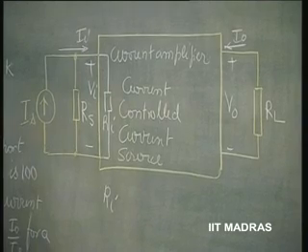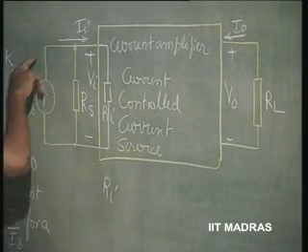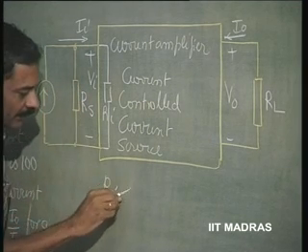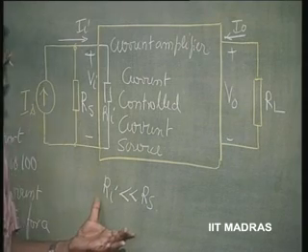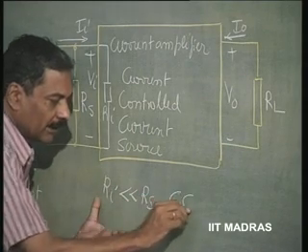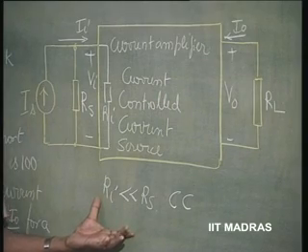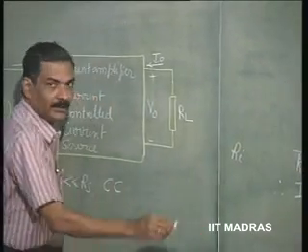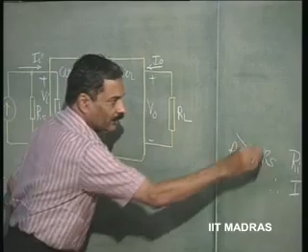What does it mean? Ri should be such that it takes most of the Is, which is possible only when Ri is much less than Rs, and then we say that the input port is current controlled. You can contrast this with voltage control, wherein Ri was much greater than Rs.